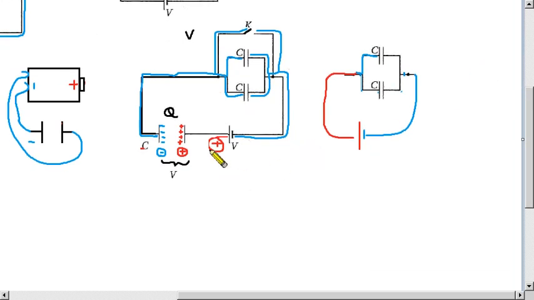And also since this one acts as a battery, we can draw that this side is positive. We can replace a battery instead of this condenser. This side positive, so the longer line of the symbol, and the shorter line, this side negative.